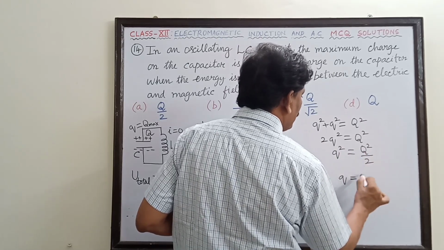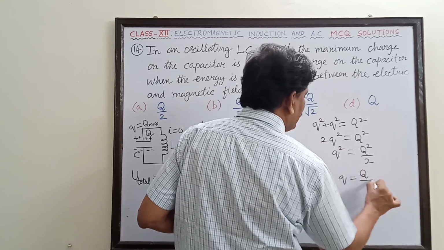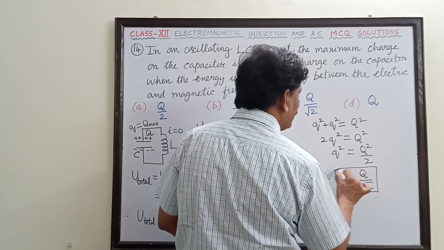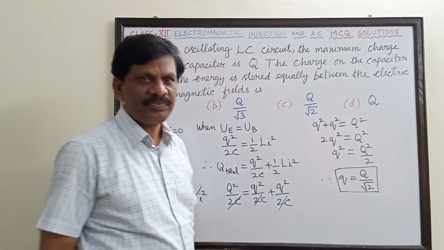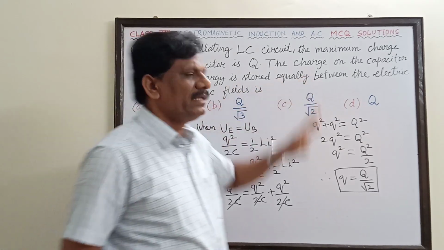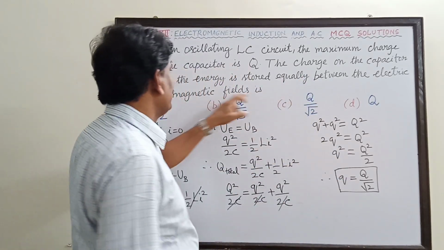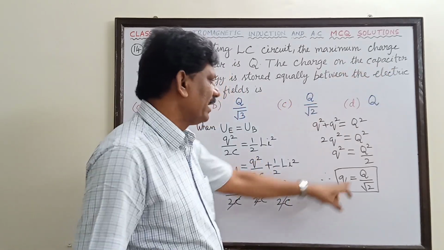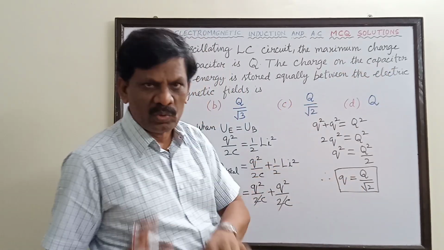Therefore q is equal to capital Q divided by square root of 2. This is the answer. So when the energy is stored equally between the electric and magnetic fields, the charge on the capacitor is capital Q divided by root 2.